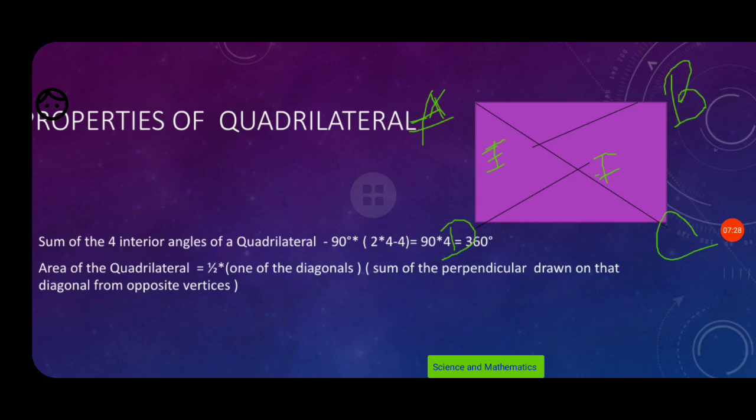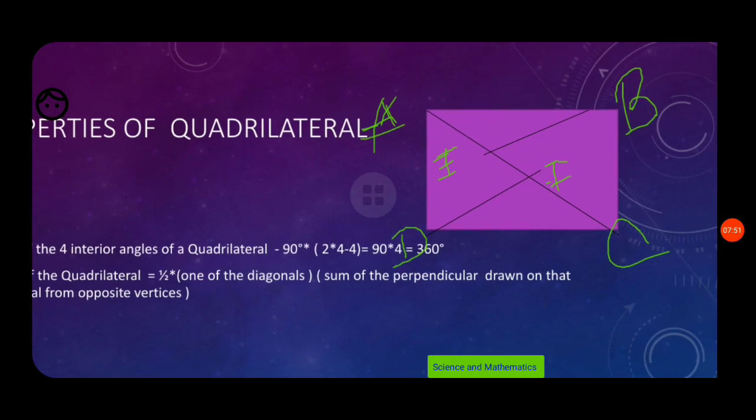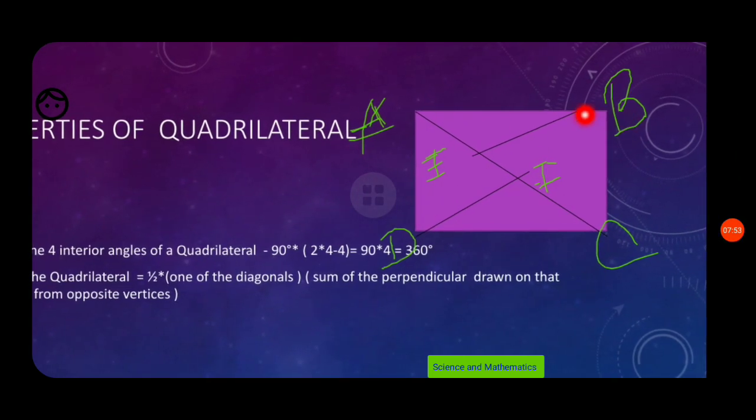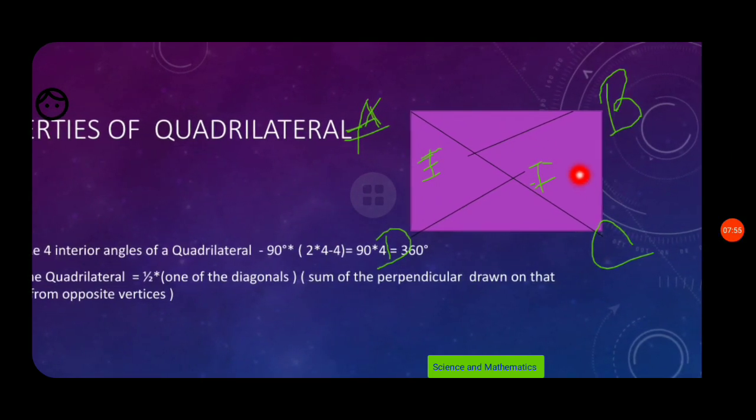You can also take the diagonal BD. Then the perpendiculars will be different; they will be from the opposite vertices. For the area of the quadrilateral, you can take one of the diagonals as AC, as I have marked. You can also mark BD, this diagonal.